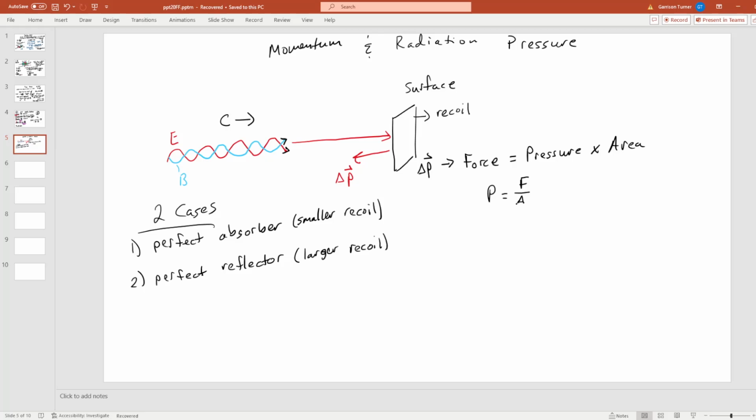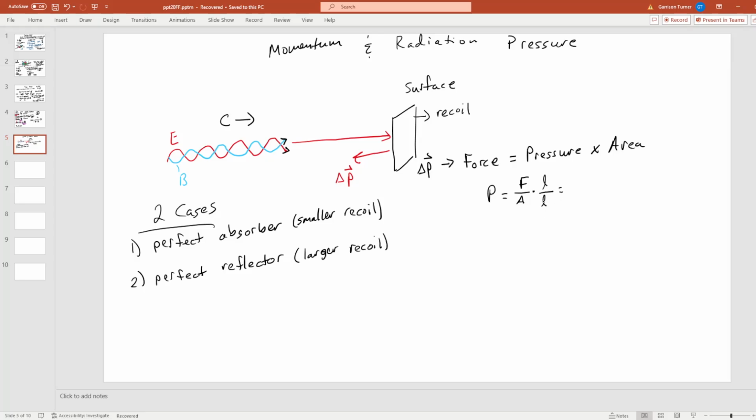And if I multiply both of these by a unit of length, let's suppose I have a length times a length.